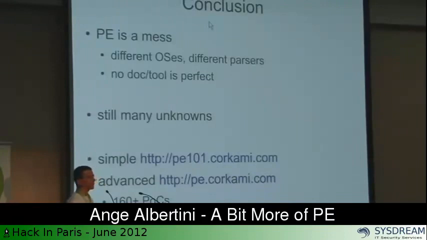A good thing is that Reversing Labs, which is very good also in PE studies and writing tools, is about to release an open source library that should be extremely strong to parse and handle PE files. They asked me to review it. Also pefile, the Python library by Ero, is pretty strong. There are still many unknowns, but at least a lot less than after I started, I think.